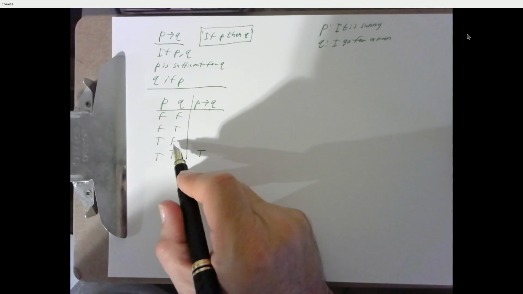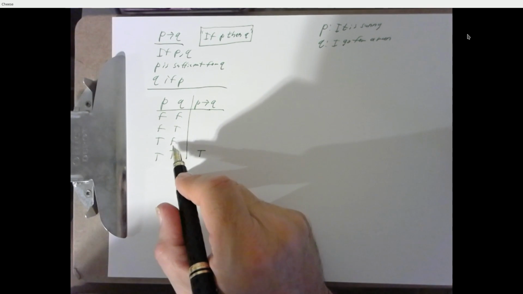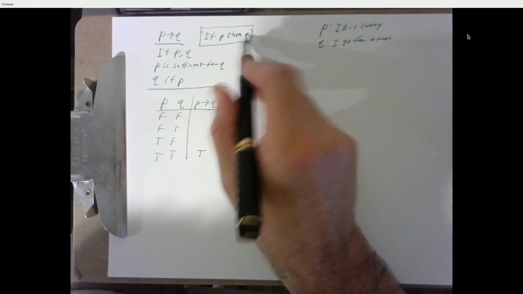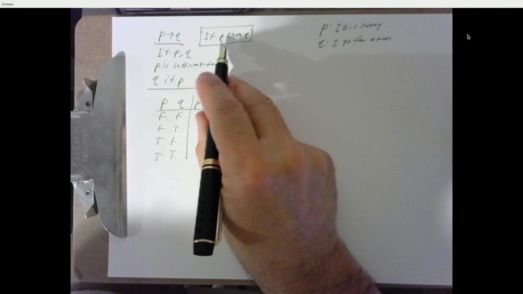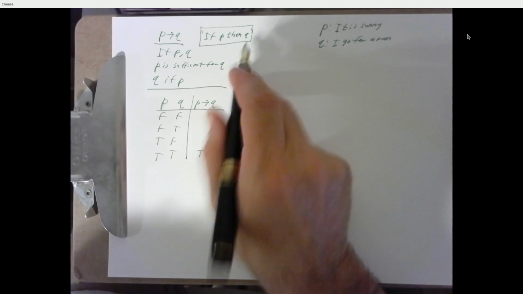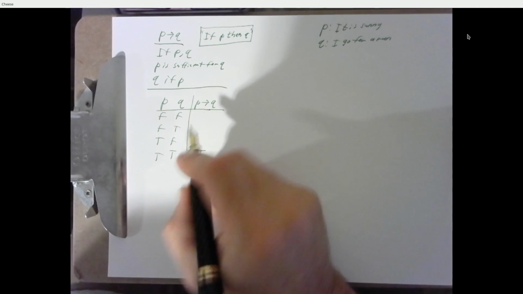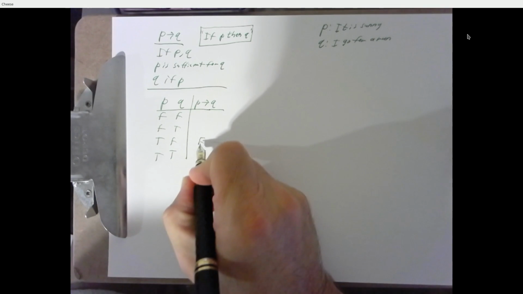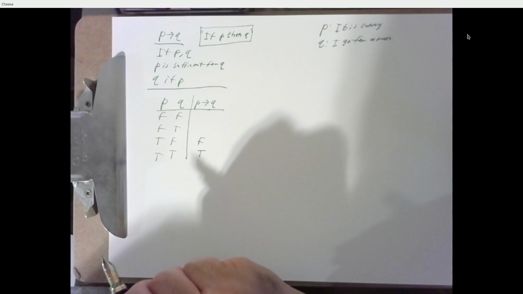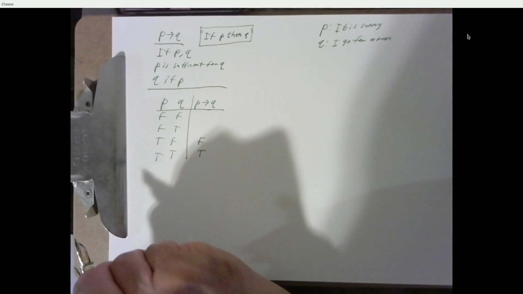And if P is true and it turns out Q is false, then this statement, if P then Q, is absolutely false. This claims if P is true, Q is true, but if it turns out P is true and Q is false, that conditional is false. So those 2 rows of the truth table are pretty intuitive.